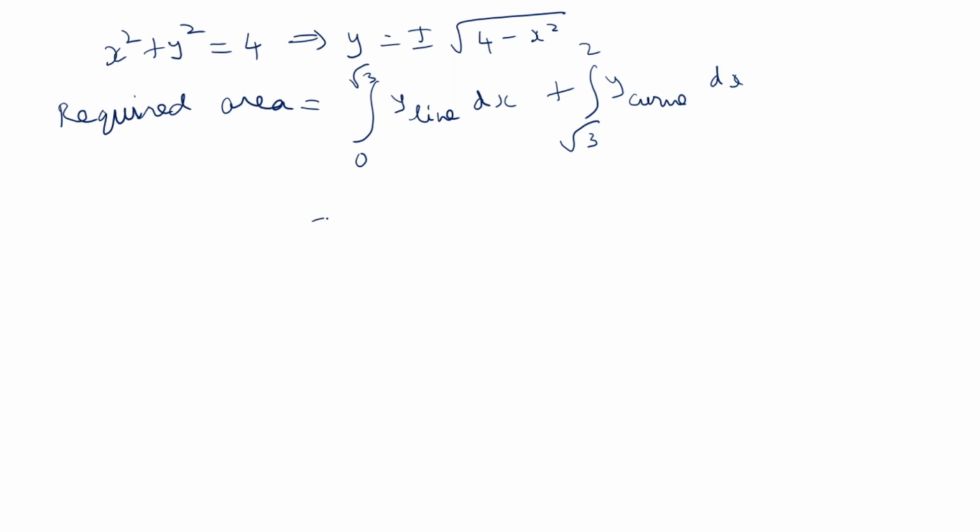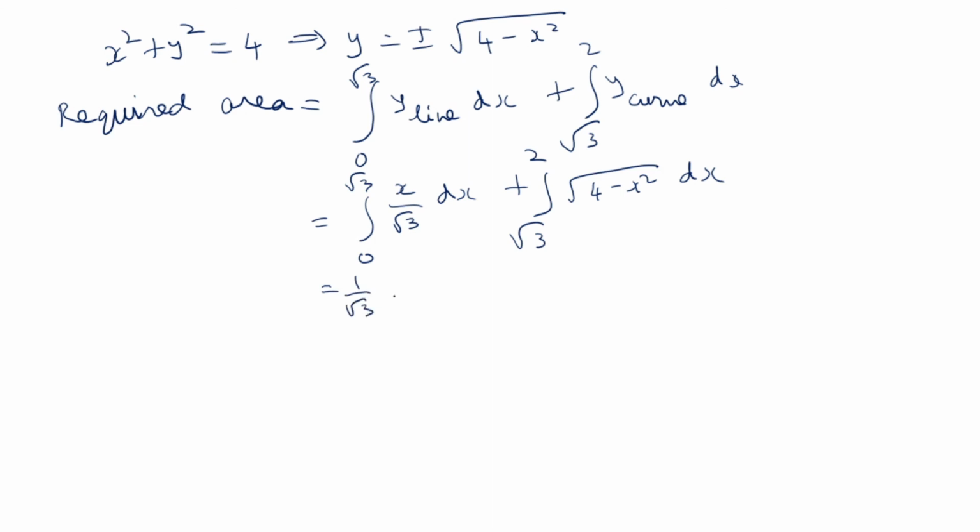Here y line is nothing but x by root 3. So integral 0 to root 3 of x by root 3 dx plus integral root 3 to 2 of root of 4 minus x square dx. Now we can find the integral.